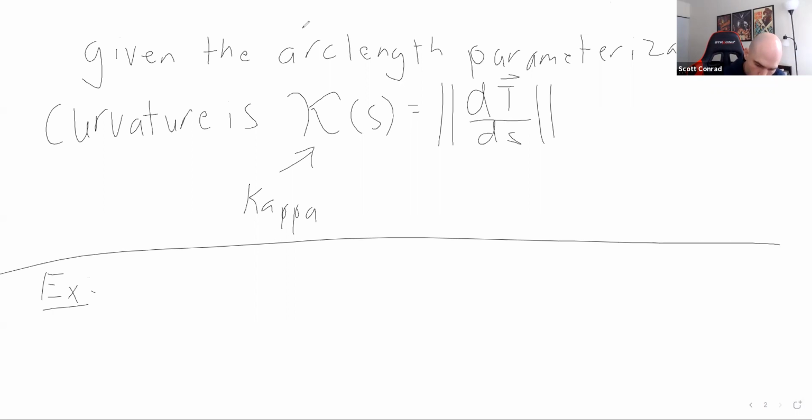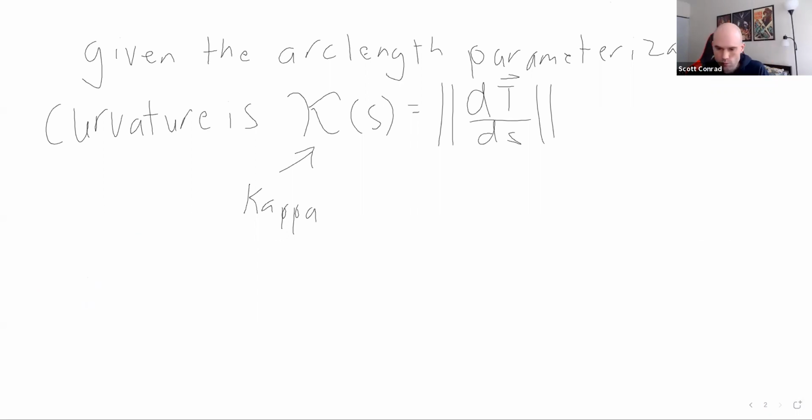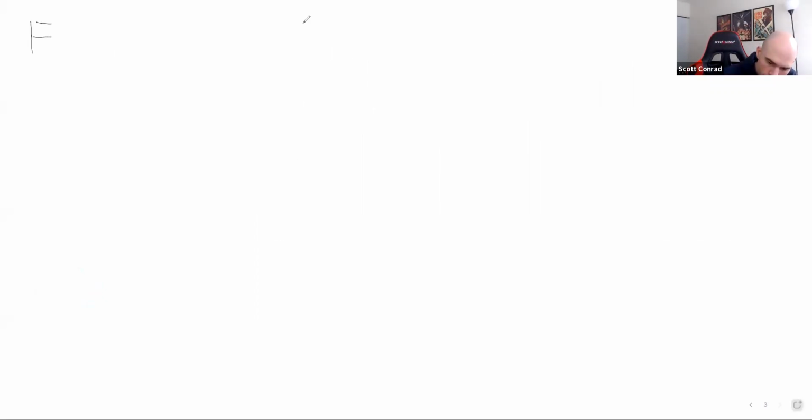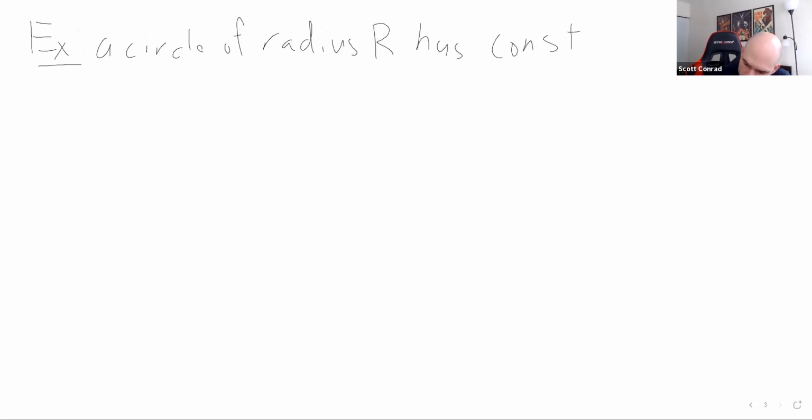So for example, let me do this on another page. If you have a circle of radius capital R, it's going to have constant curvature.